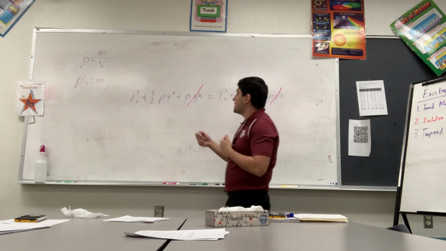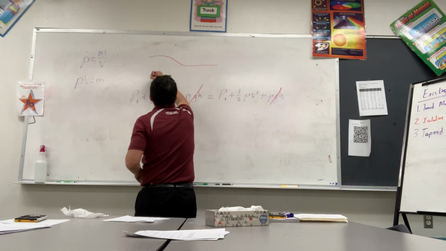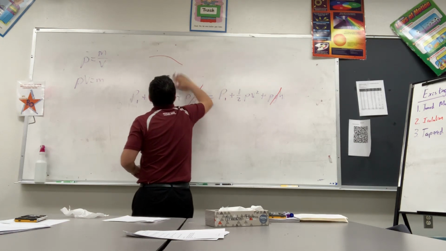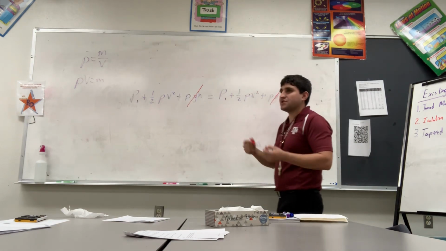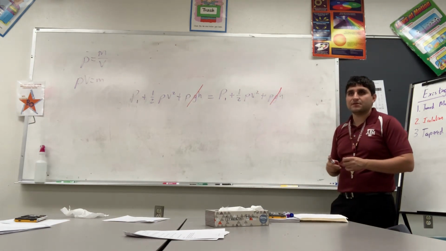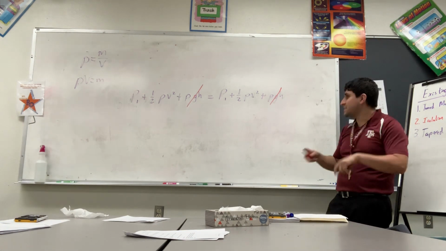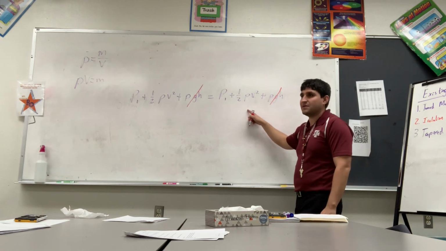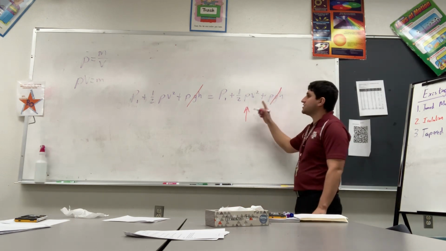So when the pipe gets narrower, what's going to change in that pipe? The velocity. The speed's going to change. And what's going to happen to the speed over here? It's going to get bigger.